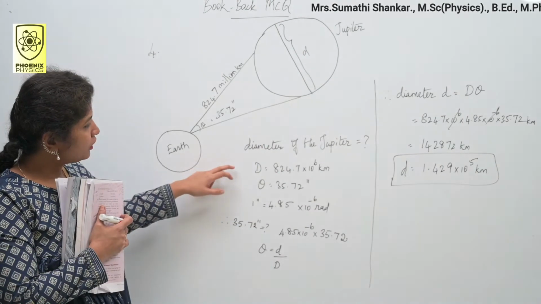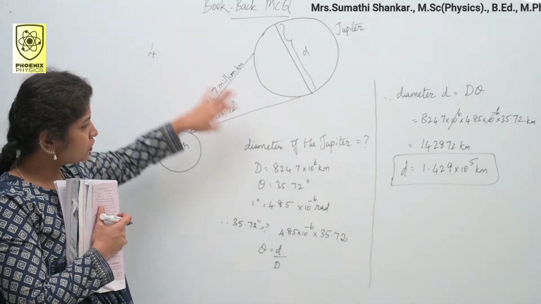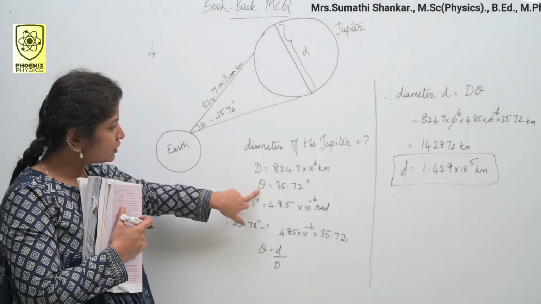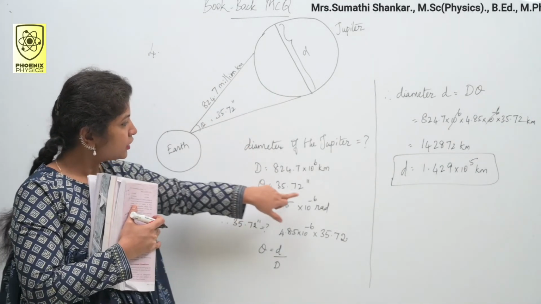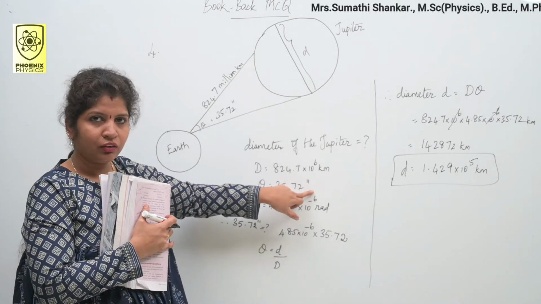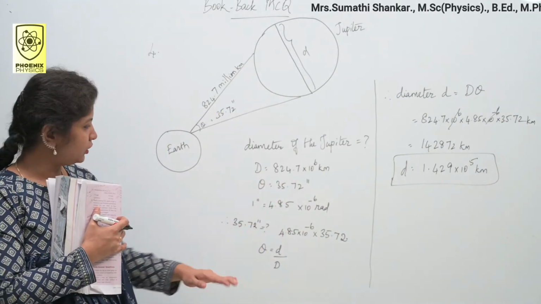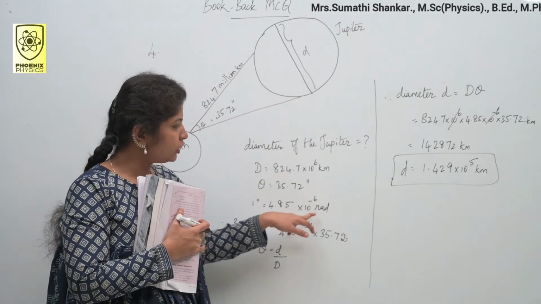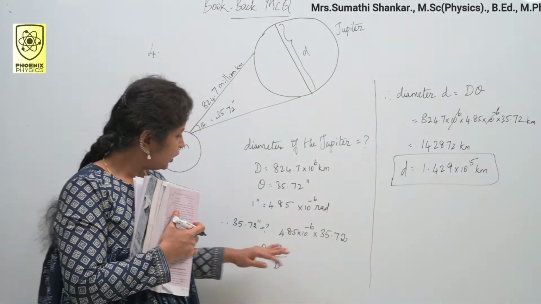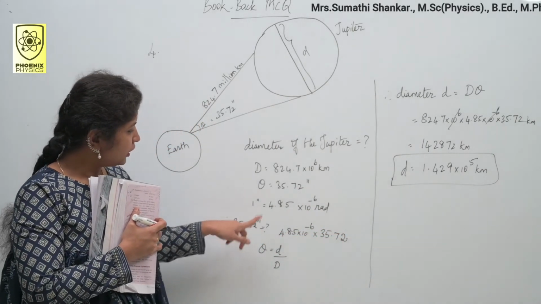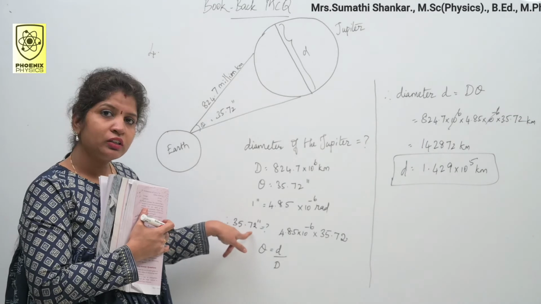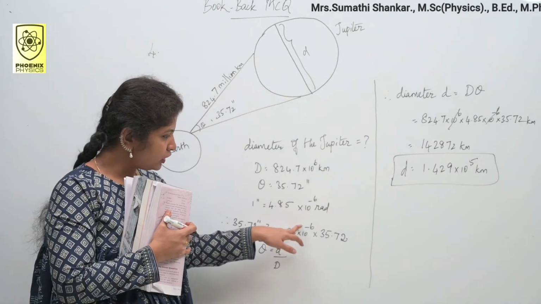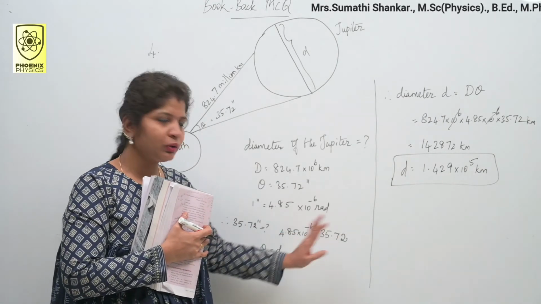Here what is given? D is given, that is distance is given, the angle is given. You know the conversion, because here theta is in terms of second. We have to convert it into radian. So 1 second is equal to 4.85 into 10 to the power of minus 6 radian. So if it is 35.72 seconds, just multiply the value: 4.85 into 10 to the power of minus 6 into 35.72.